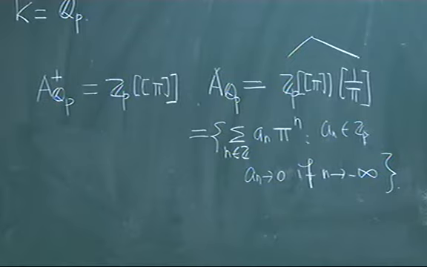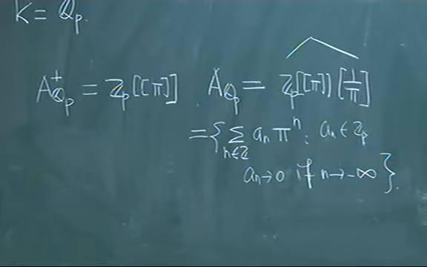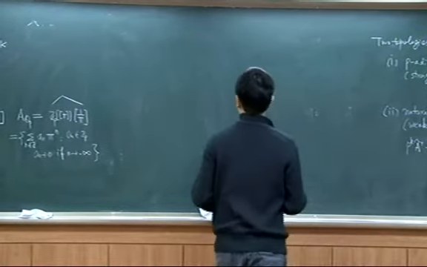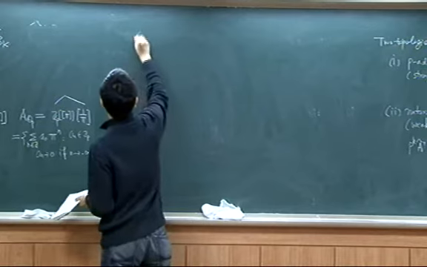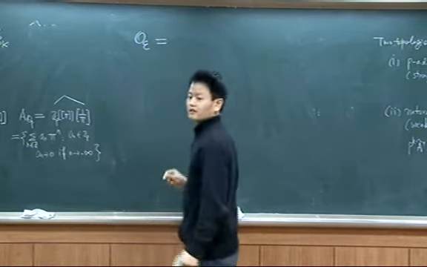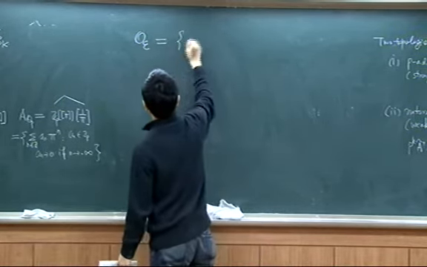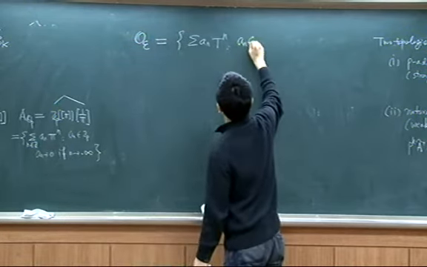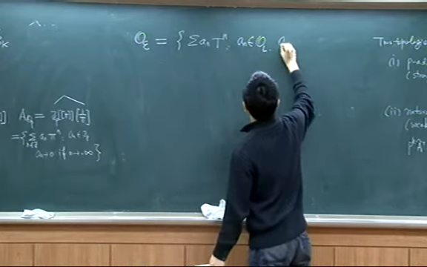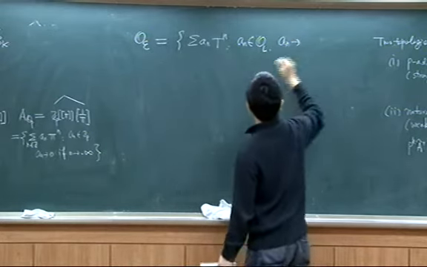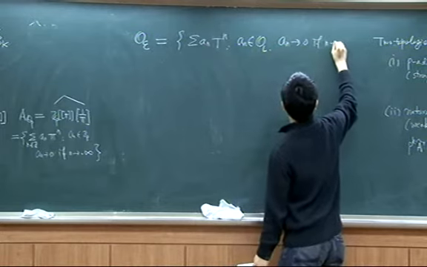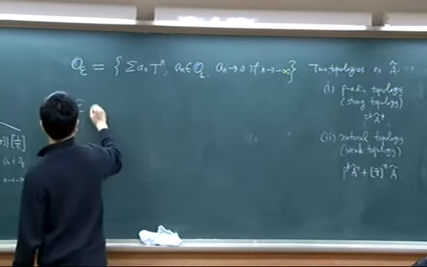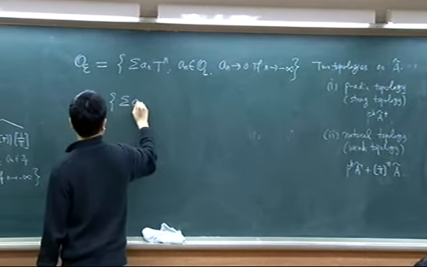that is the ring we want to construct, but after all, we need to relate it to the one we studied before. So let's recall, what is OE? See, OE is nothing but the sum of an tn, an is contained in L, an goes to 0 if n goes to minus infinity.